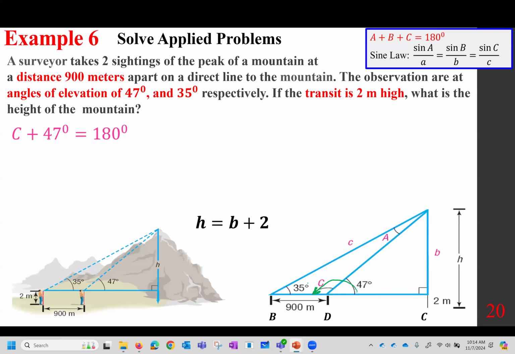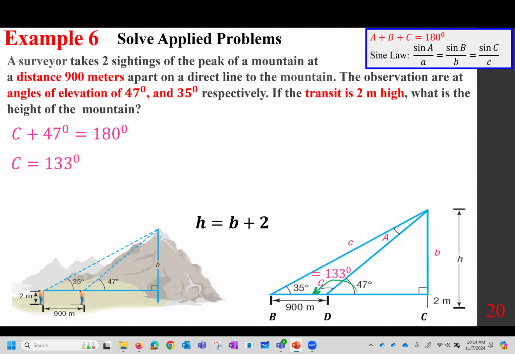Therefore, C is 180 minus 47, or 133 degrees.